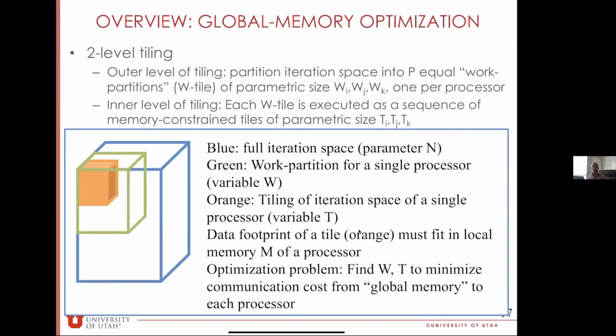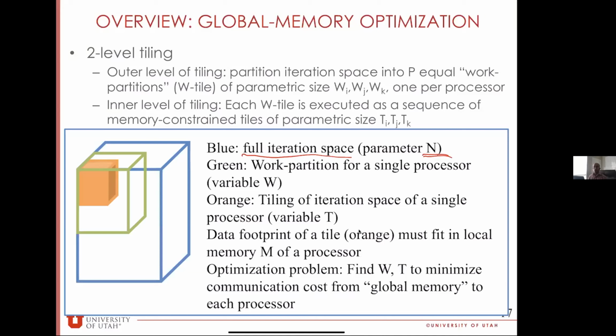So what we see in this picture in blue is the full iteration space of the problem, which is basically parameters Ni, Nj, and K. And so we are dividing that into a set of work partitions shown in green, each of which is going to be executed by one processor. At this point, the shape of this tile, the work partition of a processor, is parametric.